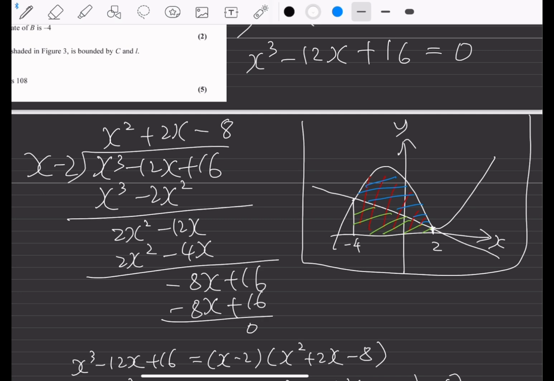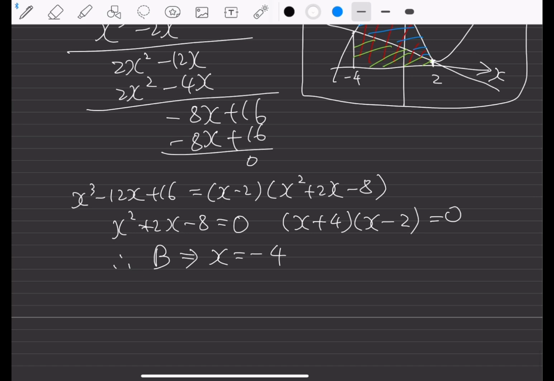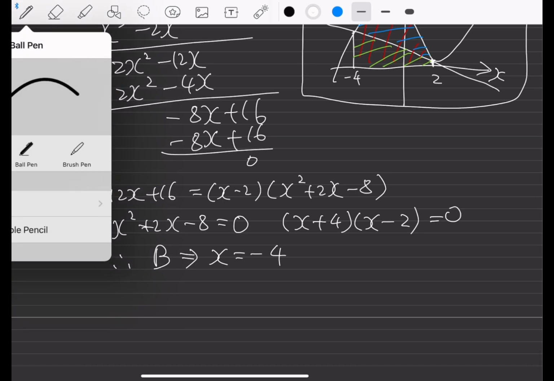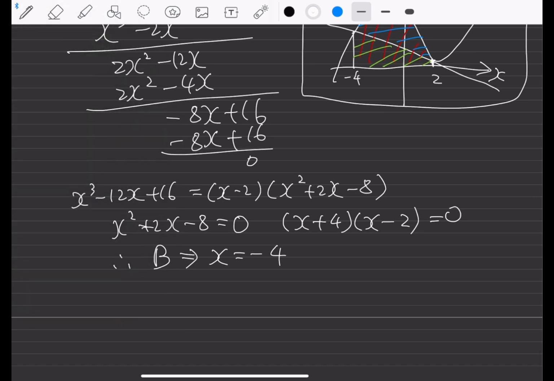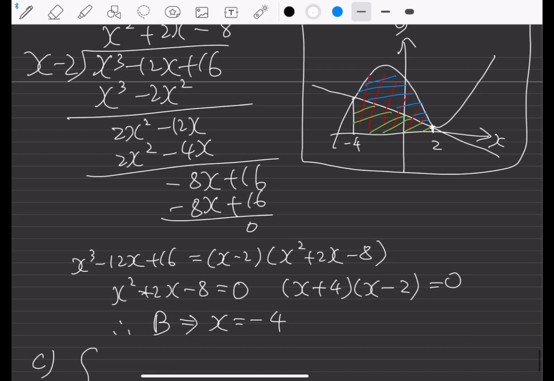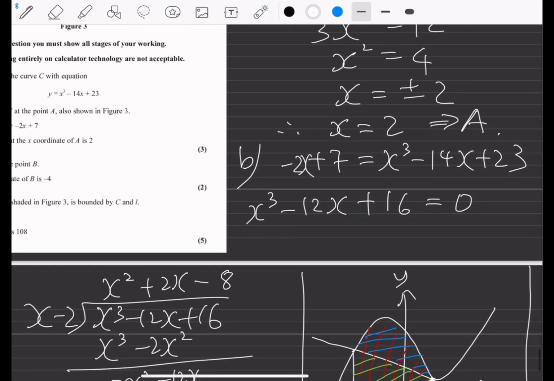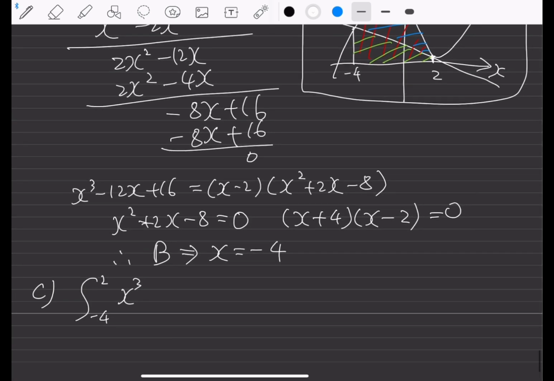So first of all, we need to find the enclosed area with the curve and the x-axis. So we need to integrate the original function, integrate from minus 4 to 2, x cubed minus 14x plus 23 dx.